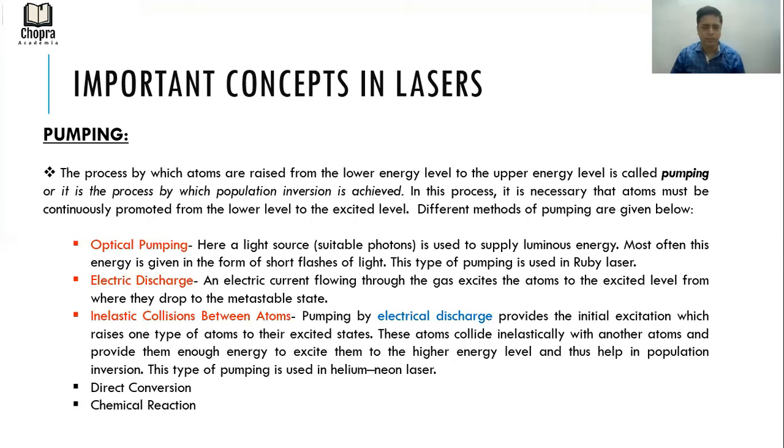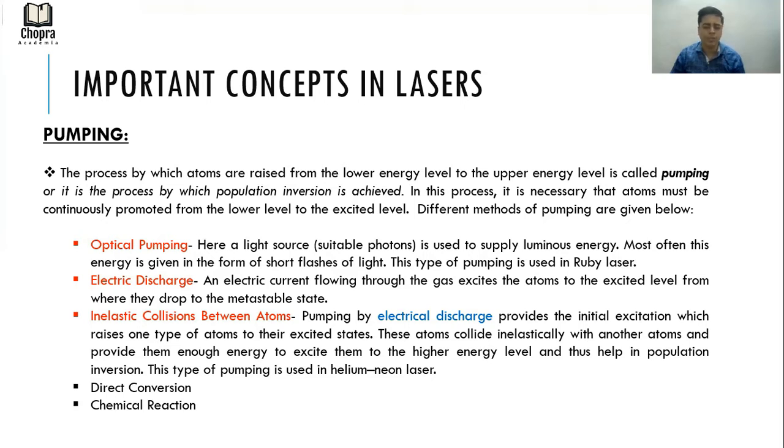These atoms collide inelastically with another type of atom and provide them enough energy to excite them to the higher energy level, and thus help in population inversion. This type of pumping is used in the helium neon laser. We will be doing this also. The other two are called direct conversion and chemical reaction pumping methods.